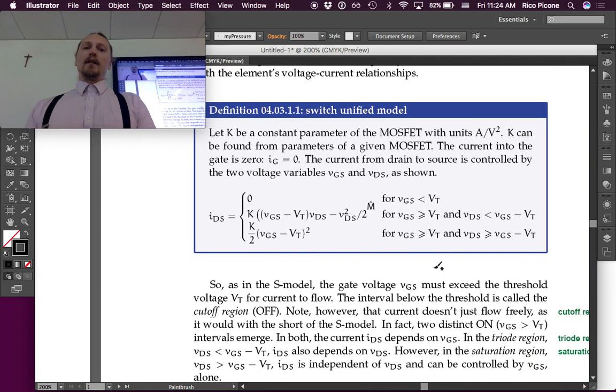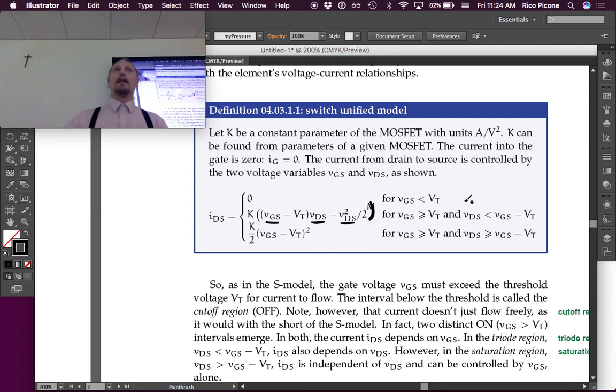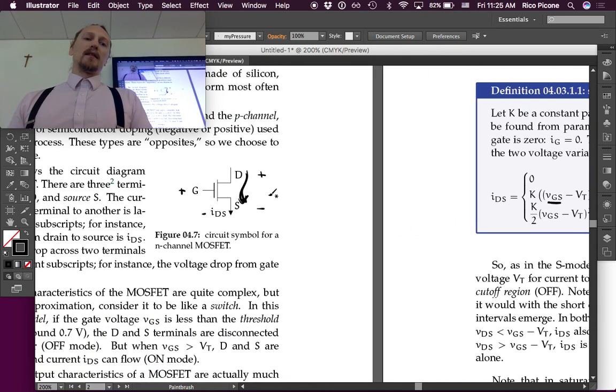There are two possibilities for the on state. The first one depends on both VGS and VDS. It applies when we've got a gate voltage above the threshold, so it's on, but our drain to source voltage is less than the difference between the gate to source voltage minus the threshold.